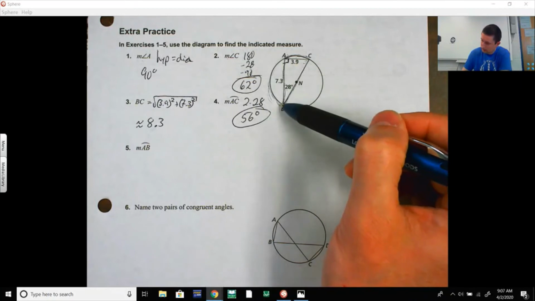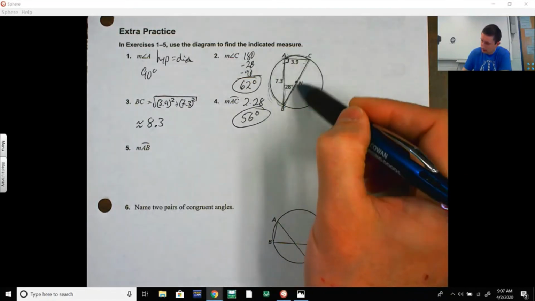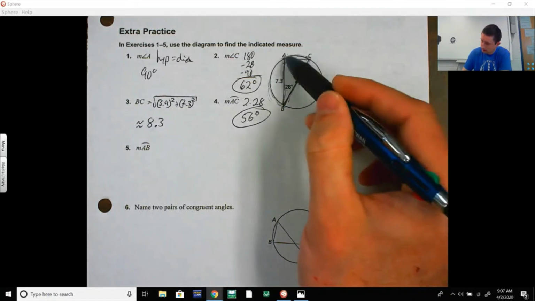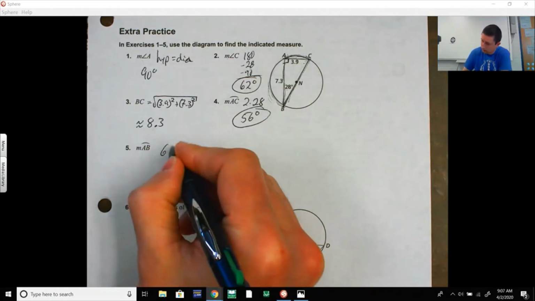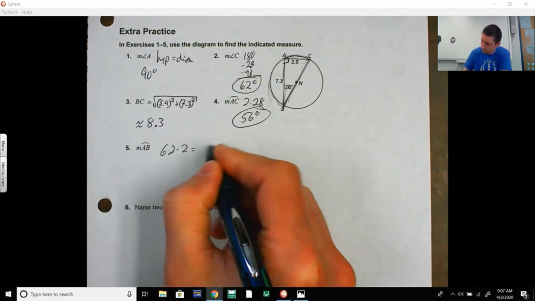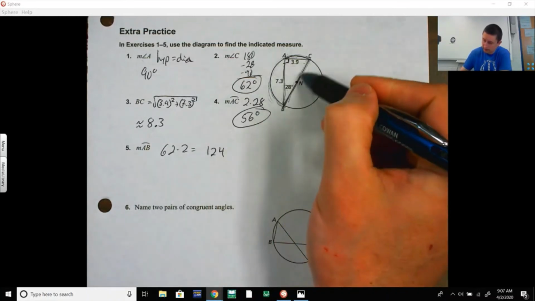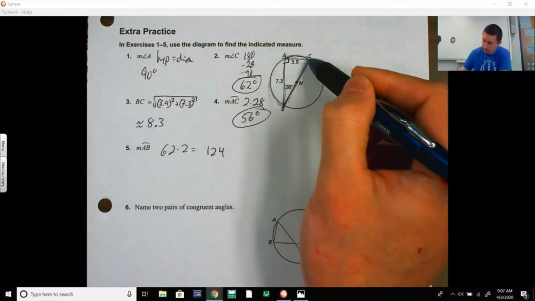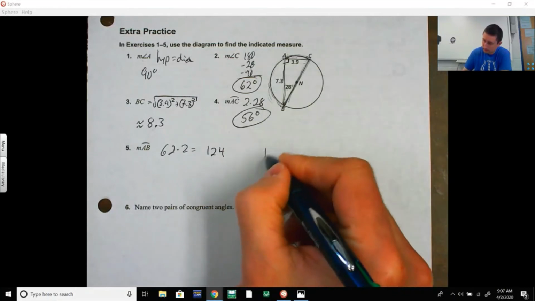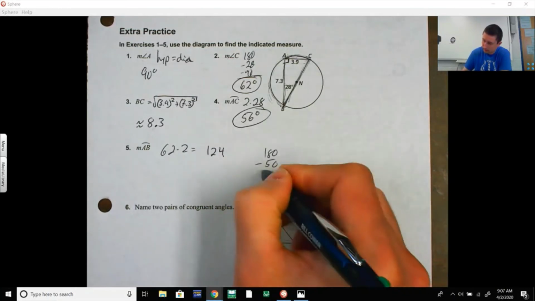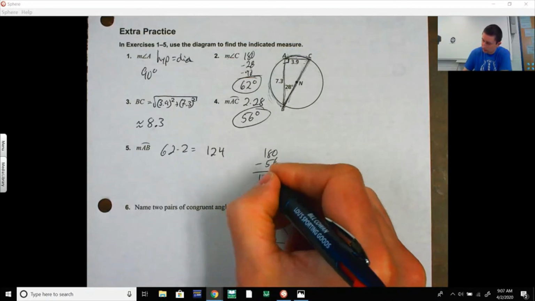AB subtends angle ACB. And we knew ACB is 62, so 62 times 2 is going to be 124. Now you can also take that, you know this is a diameter, so arc BAC has to be 180. We could also take 180 minus the 56 we had earlier, and you're going to get 124 as well.